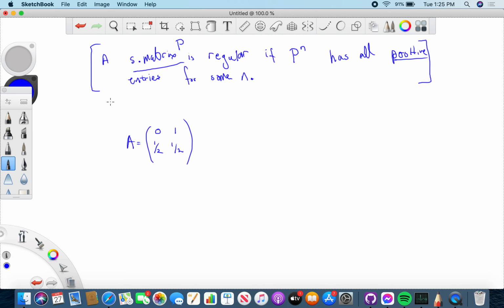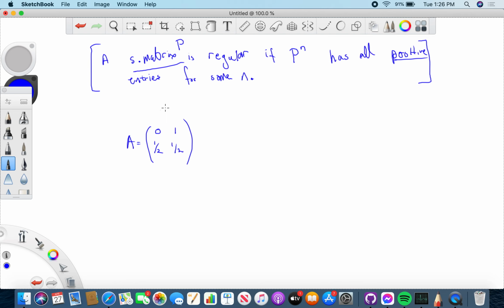So the first question is, is it stochastic? Are all the entries non-negative? Yes, they are. Although this value here is 0, that is okay because we're not asking if A to the first power has positive entries. We're asking if A to some power is going to have all positive entries.